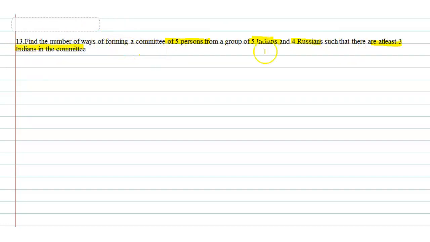Same as we just did, instead of Americans, here we have Russians. Okay? Now this question you can do as homework. This question goes to homework, same as we just did.